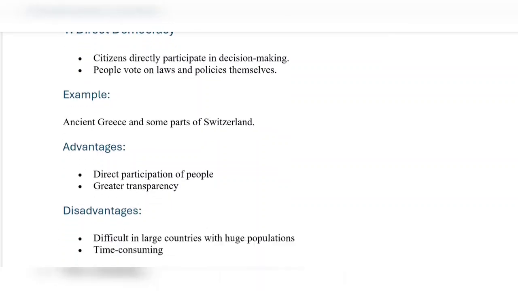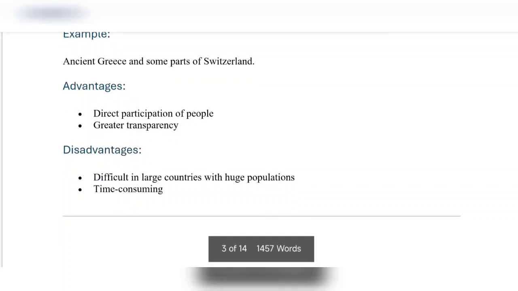Direct democracy is still there. Okay, what if you want to know the advantages? So what is the advantage? That people will directly participate in every decision making process, and then there will be greater transparency. Whatever decision is taken, everybody will be knowing why it was taken, because there will be a lot of discussion and everybody was present there.